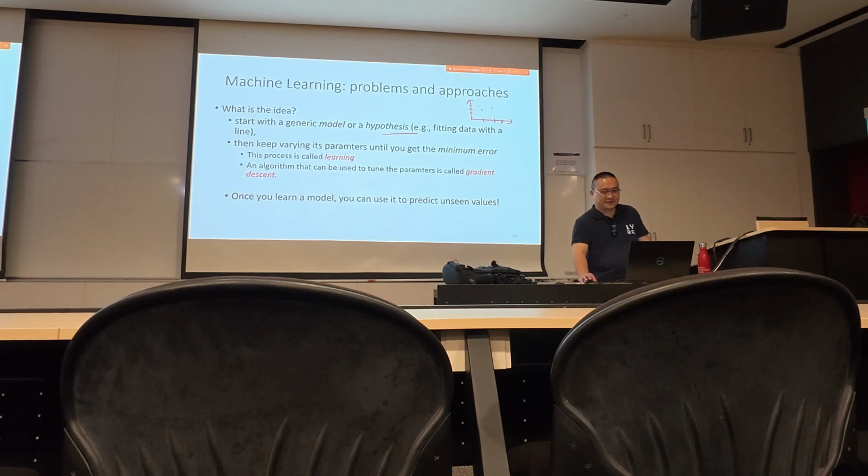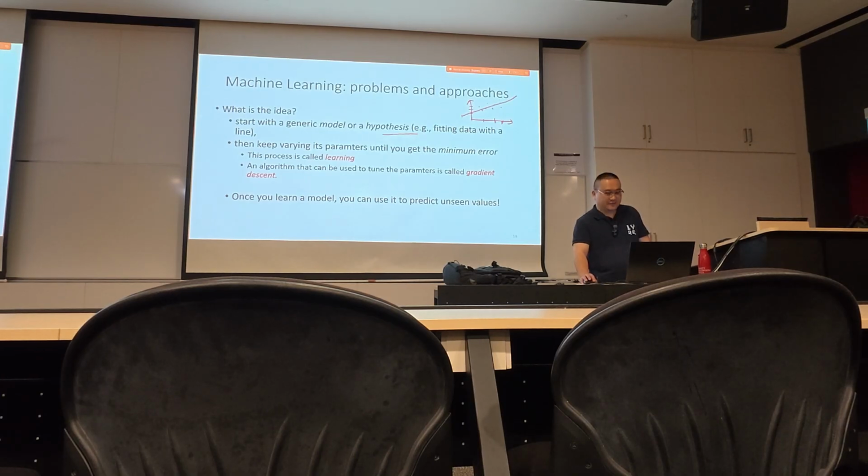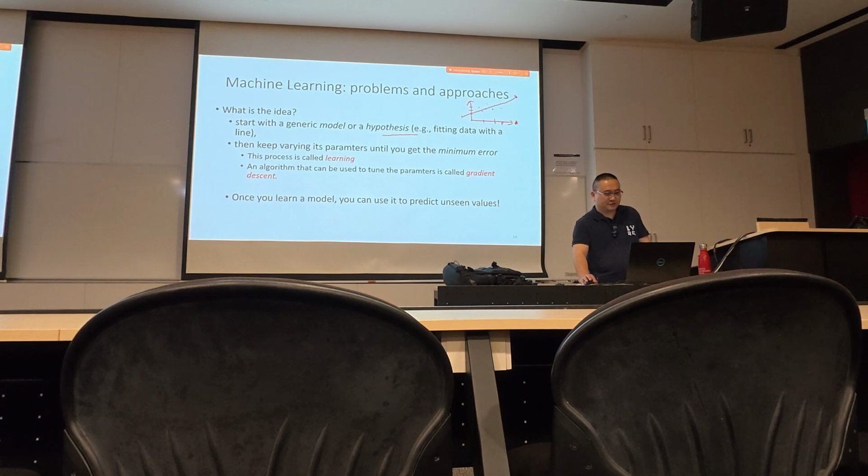This is your training data set. And then what you do is that you want to fit a line to the training data set. After the line is fitted, you can use the line to make predictions for a new house. For example, sometime later you get data for a new house, and the size is much larger compared to previous houses. Then you can use the line to predict what the price should be. That is the idea of machine learning.